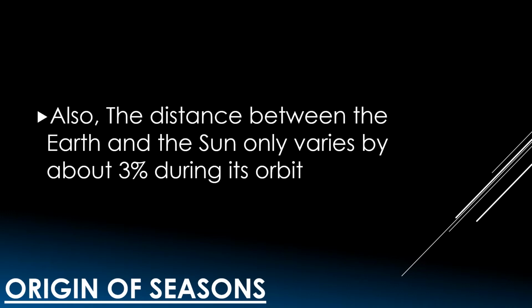Furthermore, the distance between the Earth and the Sun only really varies about 3% during its orbit. Now, yeah, the Sun is 93 million miles away, and 3% of 93 million miles is still thousands of miles. But kind of consider it like this.